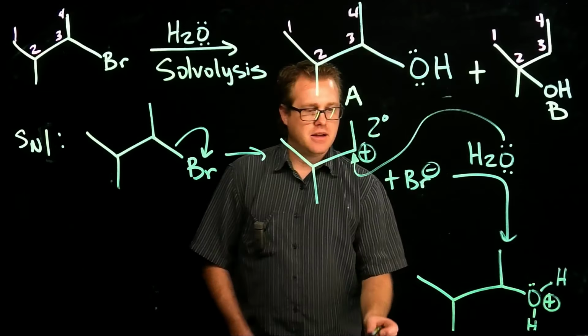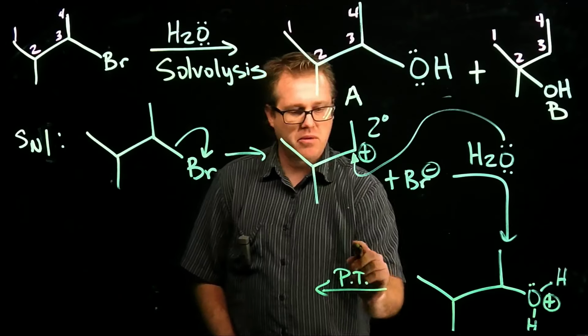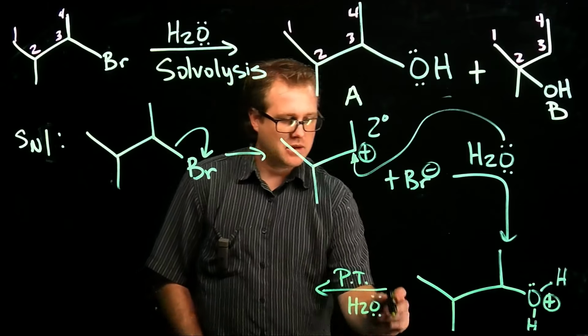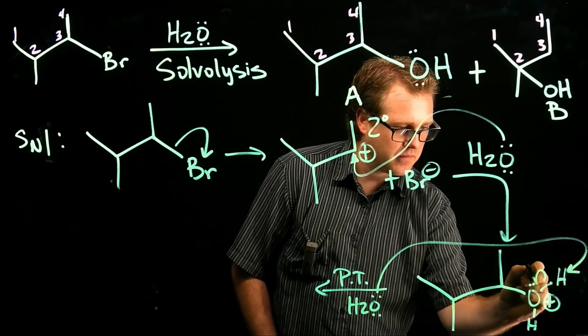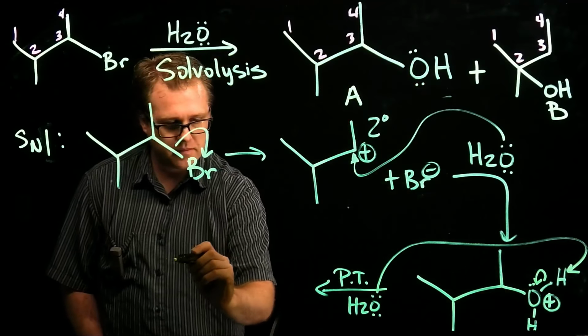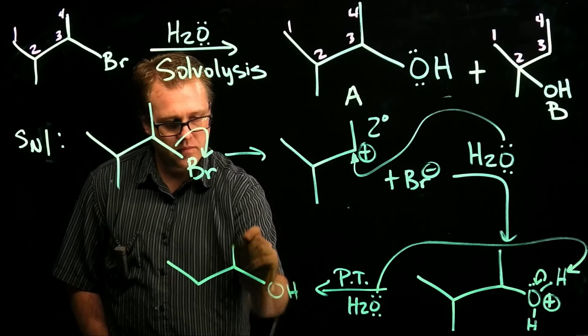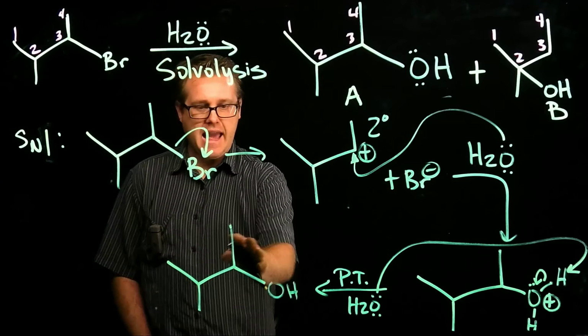And then we would do a proton transfer where we would take another molecule of water and do our proton transfer step to give us our product. Okay, so that gives us our product A.